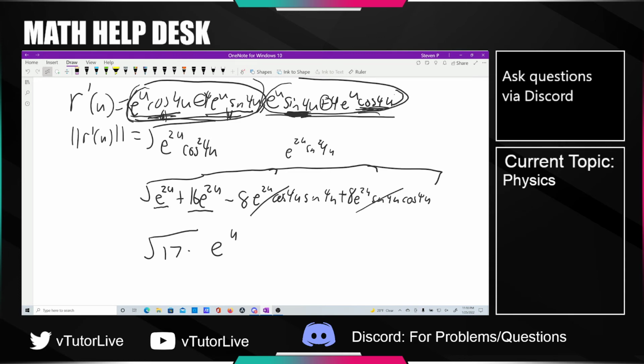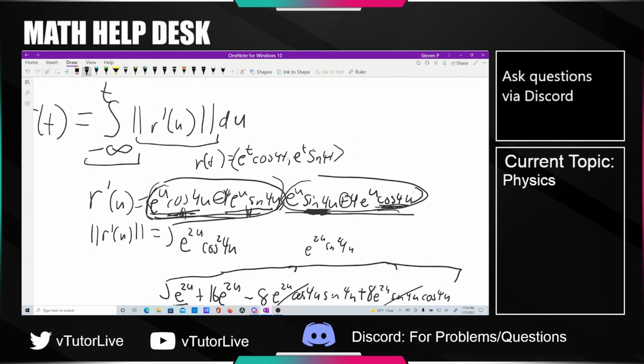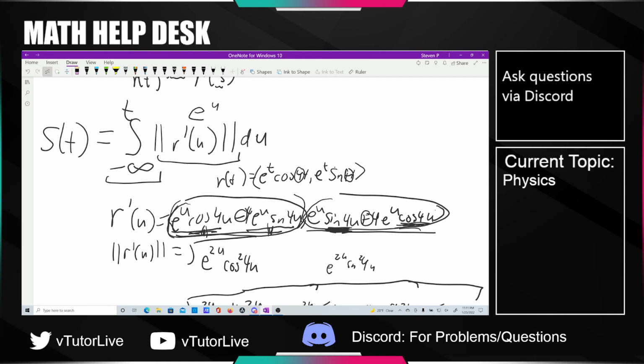And once you have that, what is this saying? This is basically saying r prime of u is equal to 17 e to the u, or the 17 just comes from whatever the variable here was, so just fill that out as you please. But then this turns into e to the u times some constant out in front, and that's really pretty, isn't it?